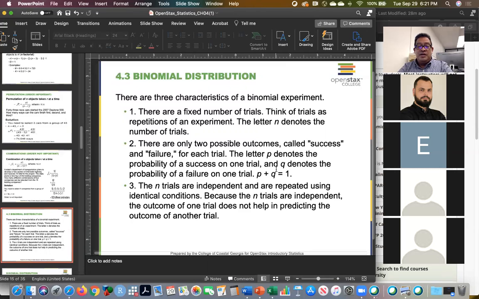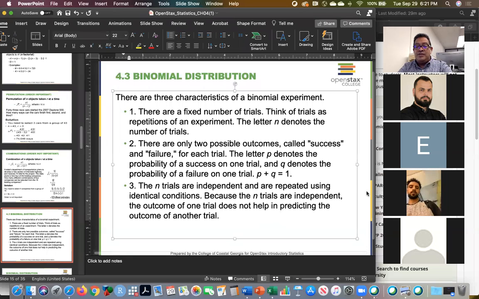And the N trials are independent. That means that these probabilities are not going to change. Those trials are independent, and they are repeated using identical conditions. Because N trials are independent, the outcome of 1 trial does not help predict the outcome of another trial.